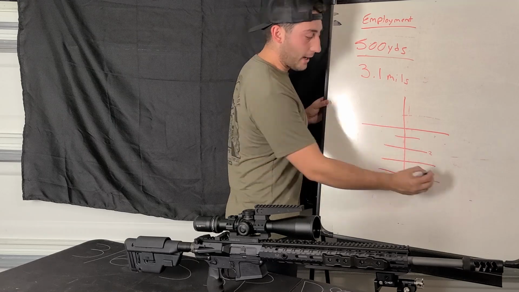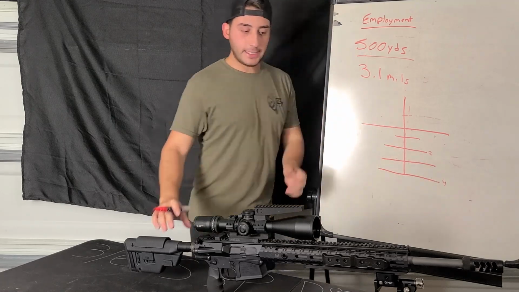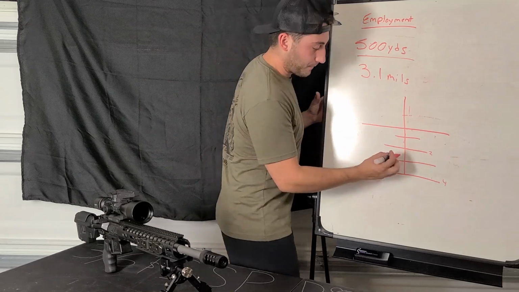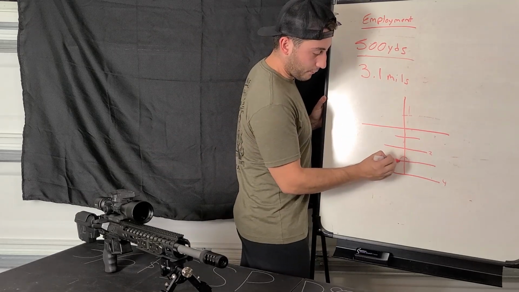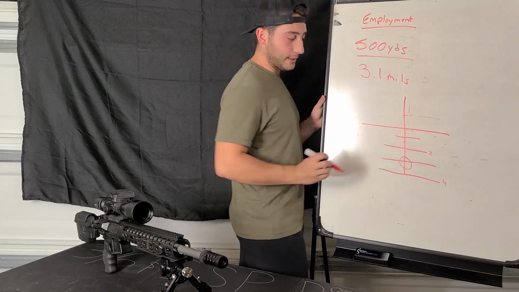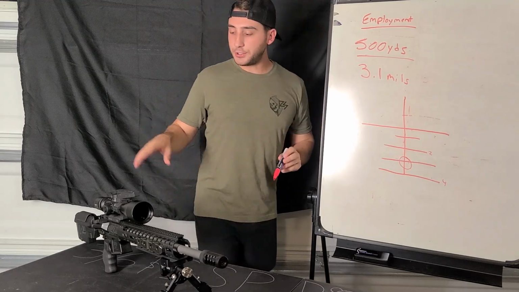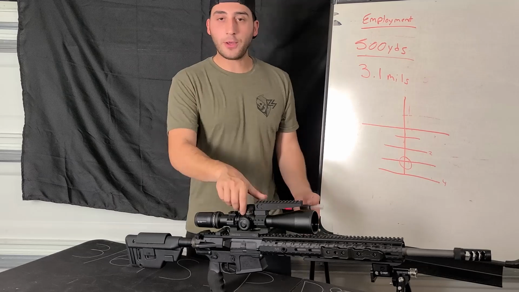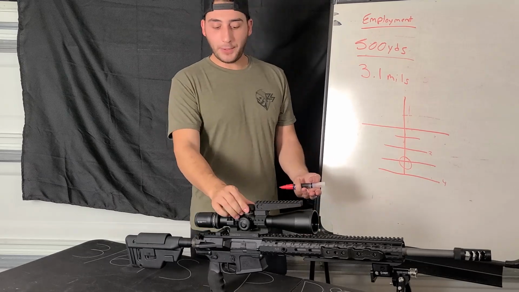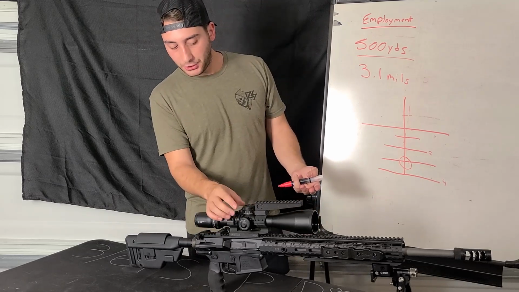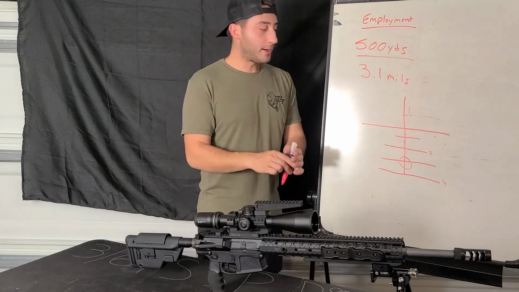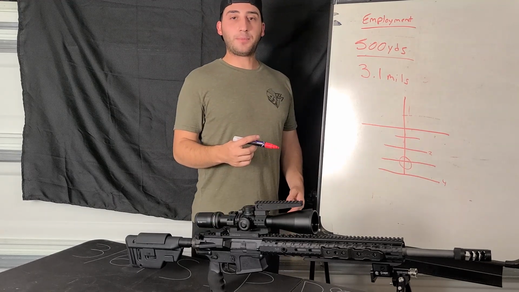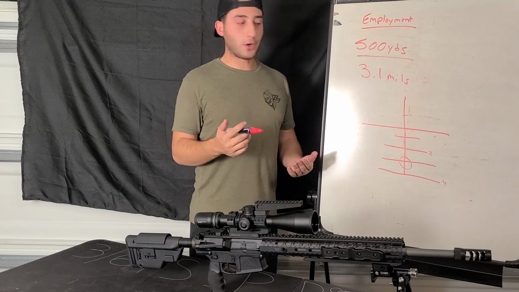What I can do now, as opposed to dialing, is simply take this 3 mil line and place it on my target. Now I'm essentially doing the same exact thing as when I clicked 3.1 mils up, but instead I'm just using that reticle to my advantage by simply aiming higher on the target.